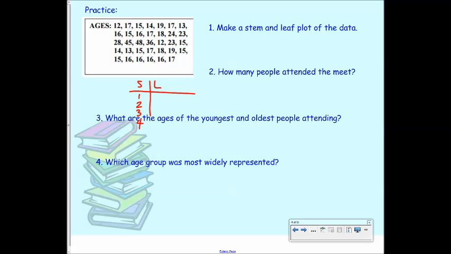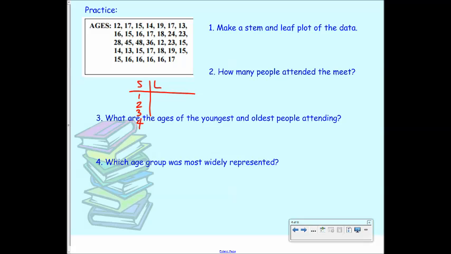Oh, I'm sorry, 10, yeah. So 10 all the way up to 19. So it would represent anyone basically with a 1 right in front. Okay? So we're generalizing, calling them teens, but basically anybody with a 1 in front. Whereas the 2s represent everyone from 20 to 29.